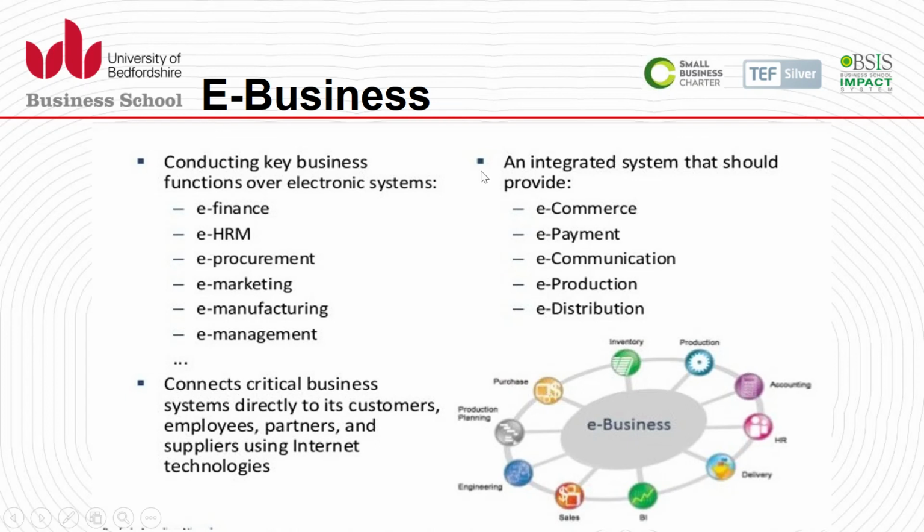E-business includes e-commerce as well as e-payment, e-communication, e-production, and e-distribution, the whole supply chain end to end. So e-business is quite a combination of the key components for business intelligence, delivery, accounts, engineering, productions, as well as purchasing, sales.